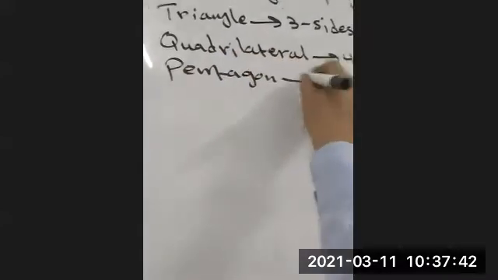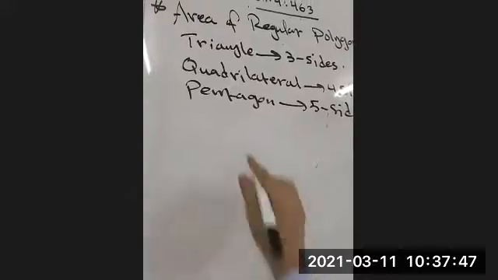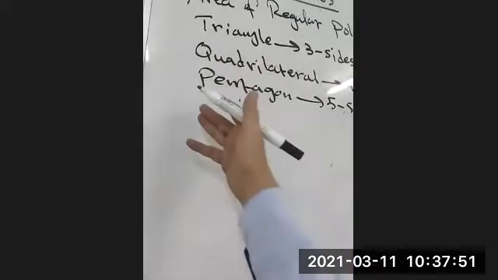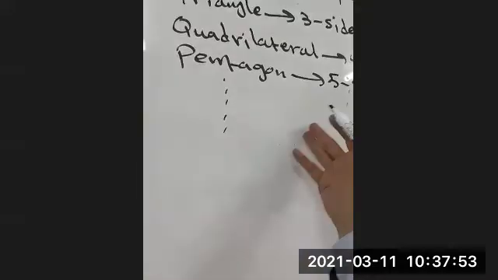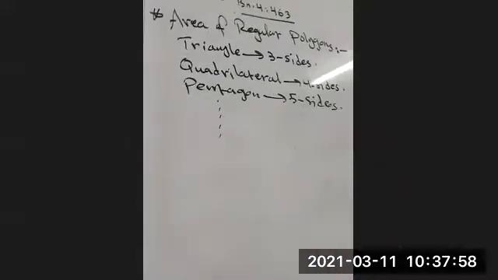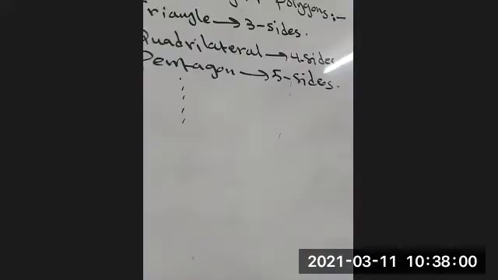Pentagon means we have 5 sides. And we have special names until 10 sides, I think. We have hexagon, heptagon, octagon, nonagon, decagon, until 10 sides. These we call polygons here.